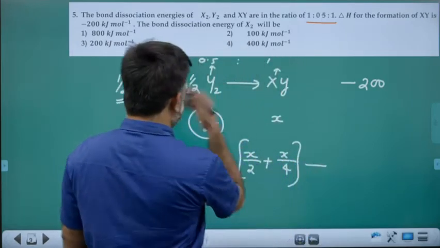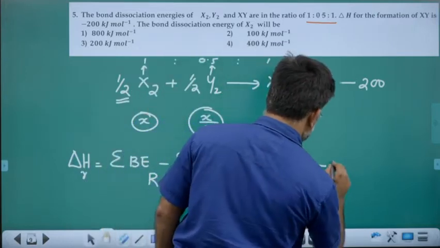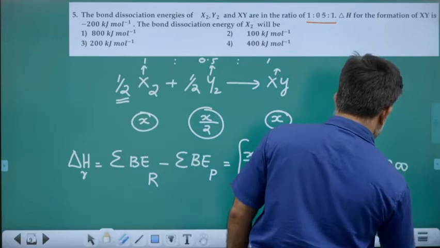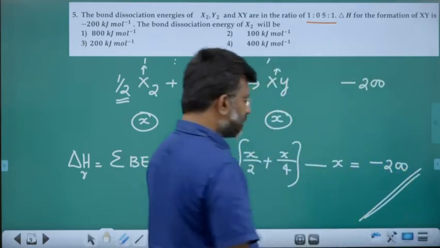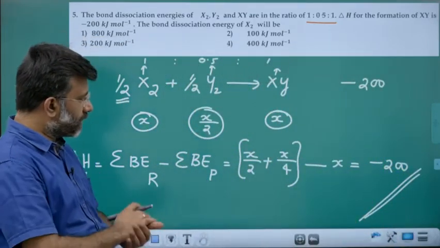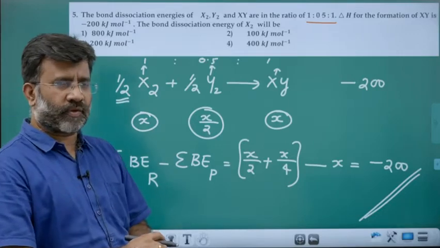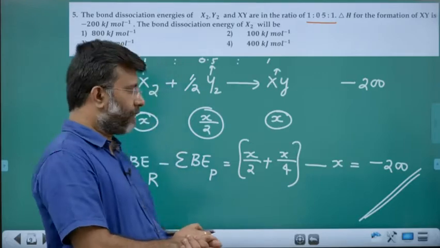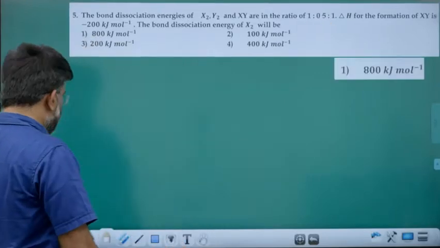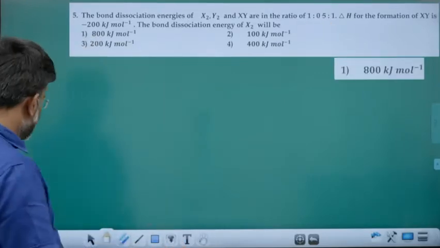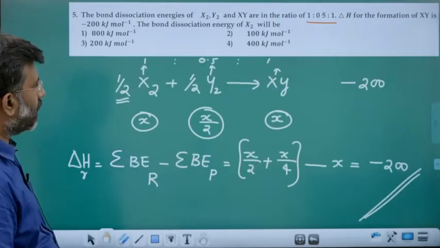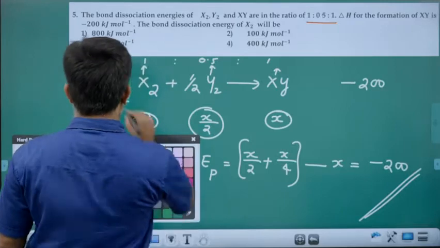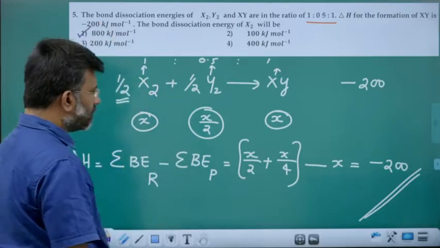Minus that of product, x. And this is equal to minus 200. So x by 2 plus x by 4 minus x is equal to minus 200. You can easily work out x as 800 kilojoules. That is option 1. Simple calculation.